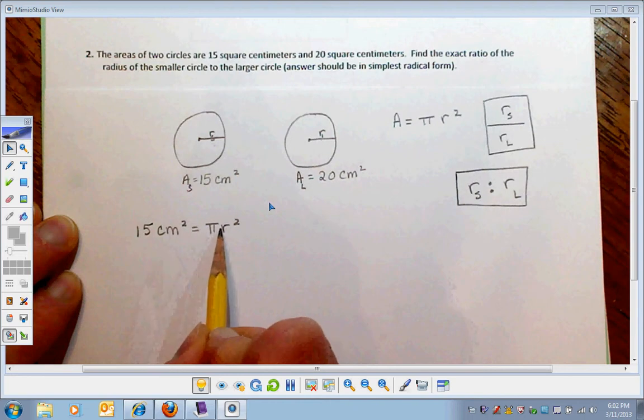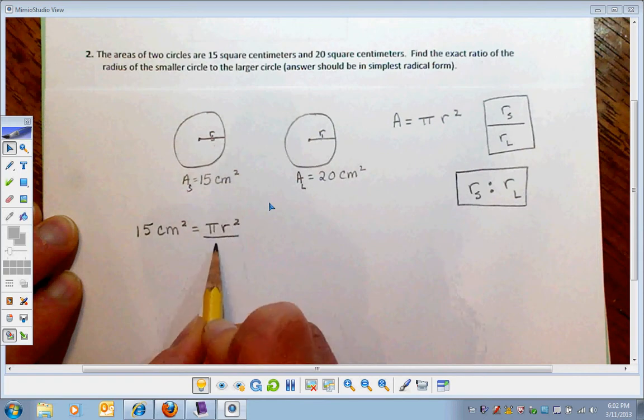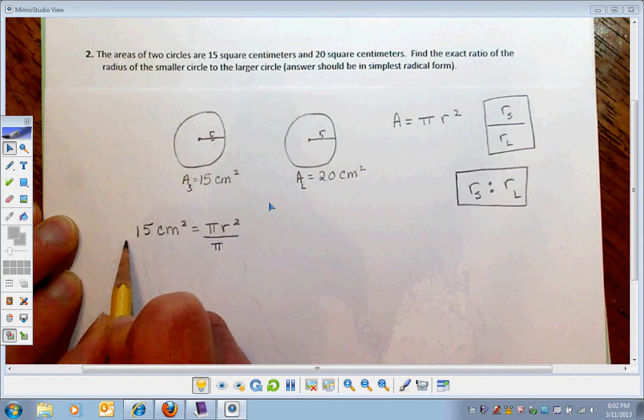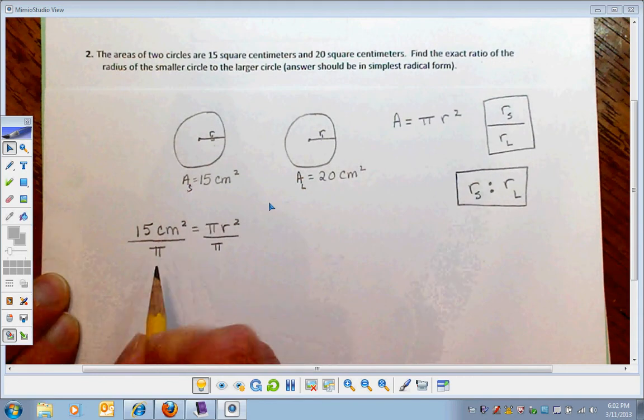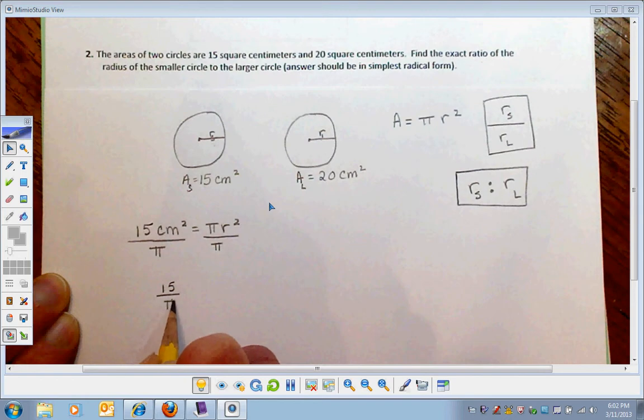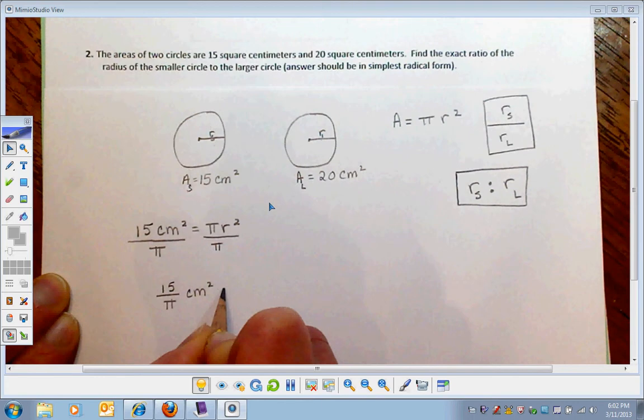Well, this pi is being multiplied to that r. So I'm going to divide both sides by pi. I'm going to leave this in pi form. So this is 15 over pi centimeters squared is equal to my radius squared.